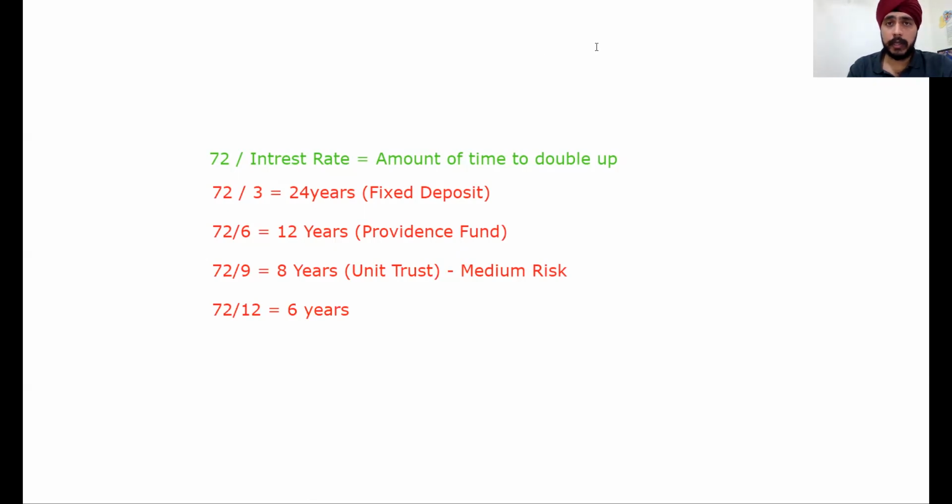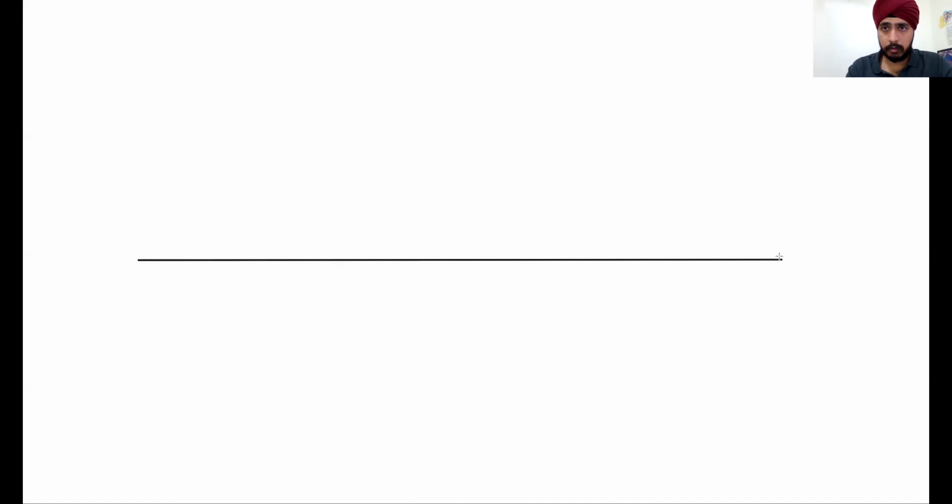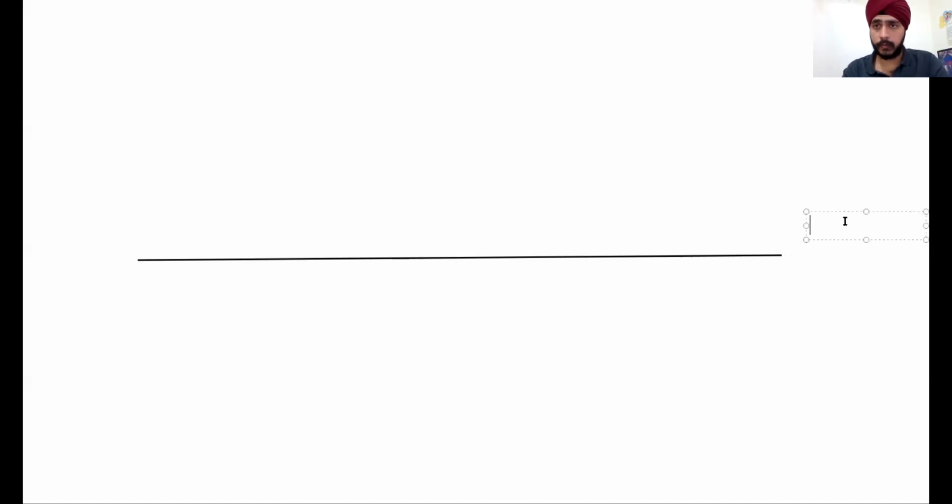Okay, so I'm just going to clear this and draw a timeline for you guys. A very simple timeline, which will represent 24 years. You start with RM 10,000. We're not even looking at a big number.